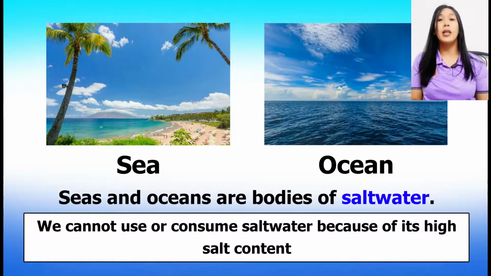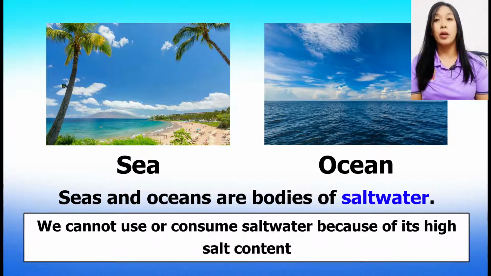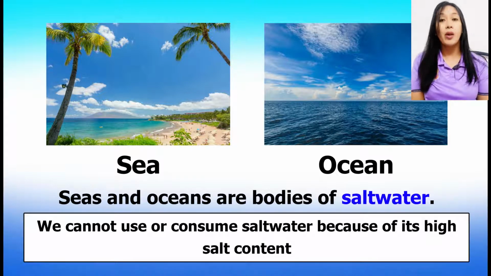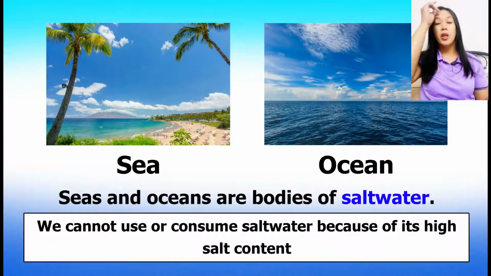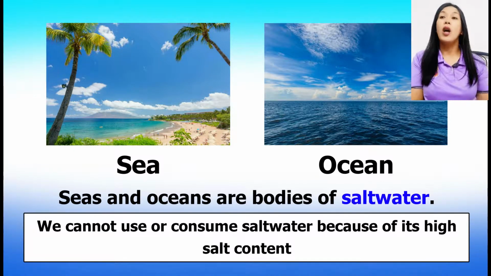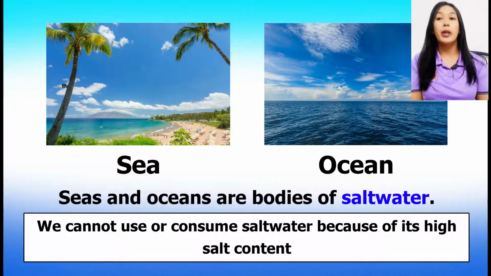Salt water is basically water with high salt content. We cannot consume or use salt water because of its high salt content. If you've tried to taste the water from the sea or from the ocean, we can basically describe it as being salty. It's like water with a ton of salt put into it.